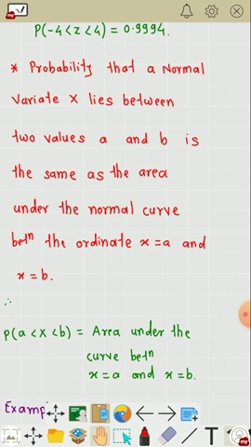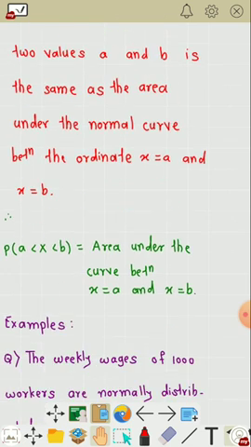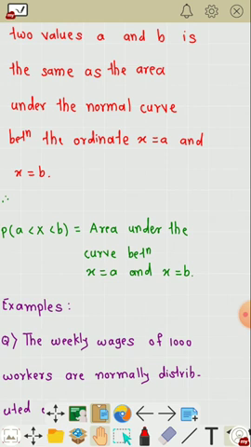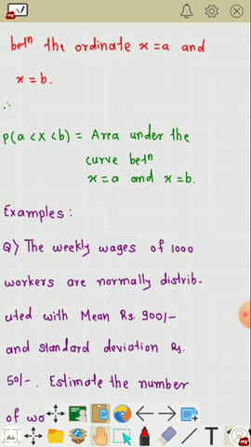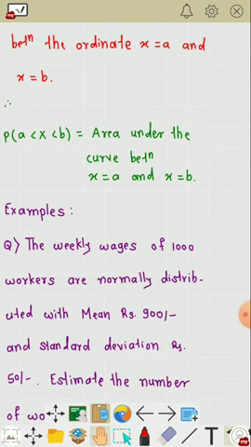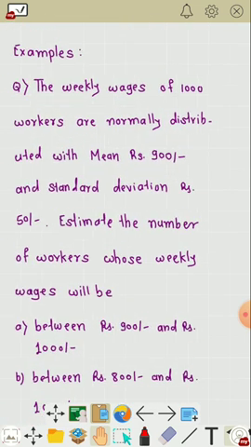It is given in this mathematical form: the probability of x greater than a and less than b is the same as the area under the curve between x equal to a and x equal to b. That is a very simple thing we observe here.